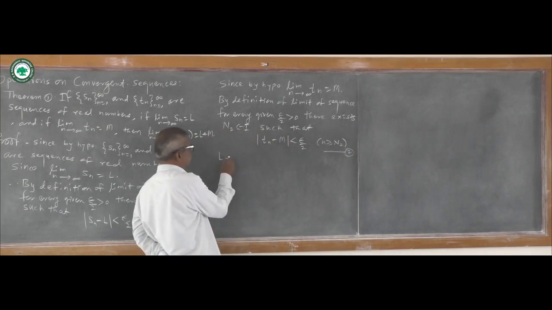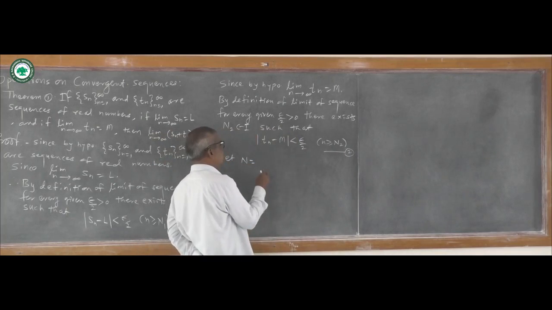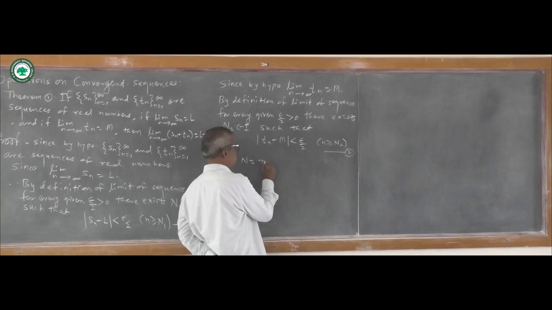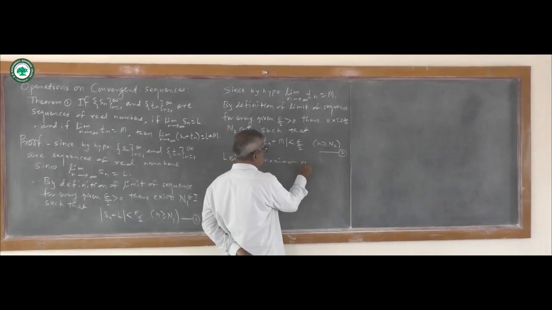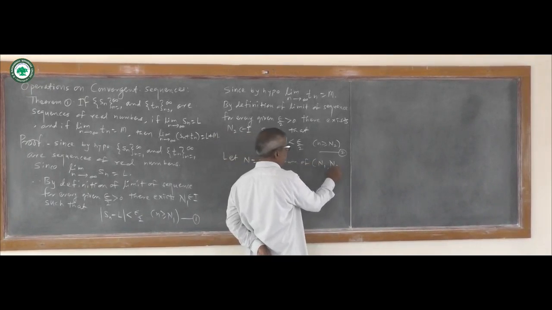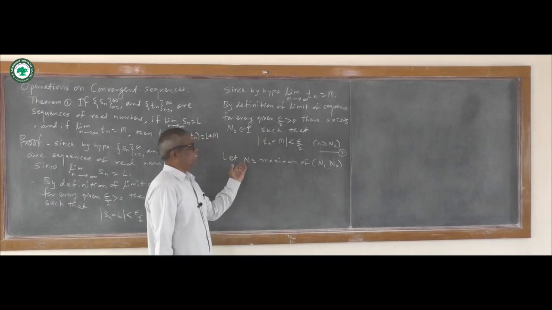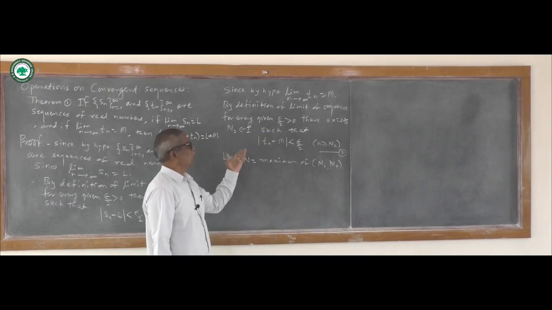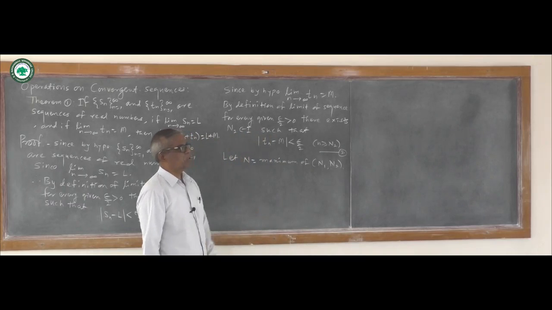Let capital N be equal to the maximum of n1 and n2. Then capital N is greater than or equal to n1, and capital N is greater than or equal to n2.